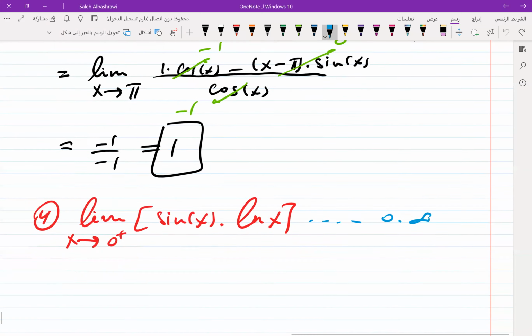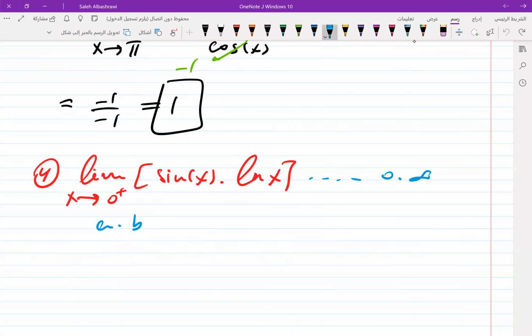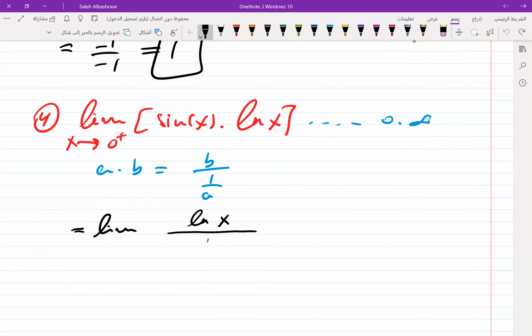So I'm going to use that rule: a multiplied by b is equal to b divided by 1 over a. We can do it in this form. So this function can be written as the limit of, I will keep ln x up, because the derivative of ln x is 1 over x, and 1 over sine x down, as x goes to 0 plus.